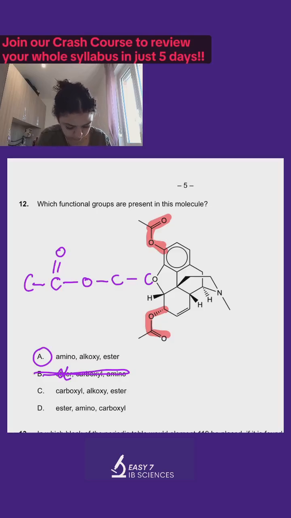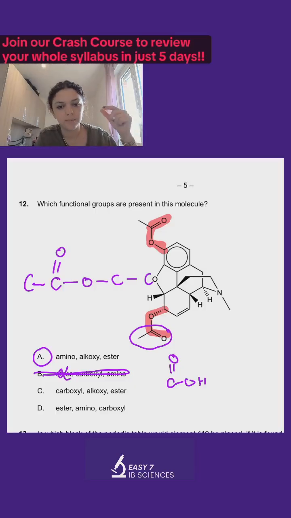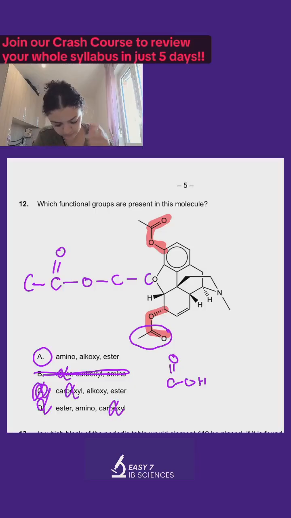Do we see a carboxyl group? No, they're trying to trick us. This is what we would have assumed to be the carboxyl group, but we already know that that's part of the ester group. So that's why we can cross out C and D, and that's why my answer has to be A. So this one you would answer by process of elimination. And the amino, of course, is just nitrogen bonded to hydrogens. If you do bio, you can just know it's like NH2.